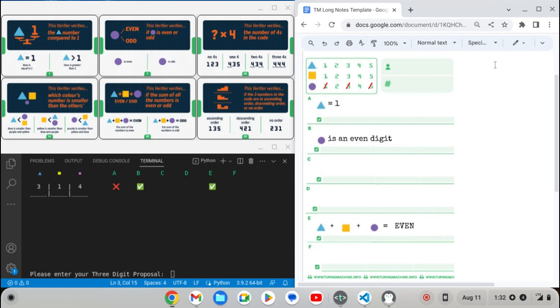Equal to 1. And so of course, if it's equal to 1, that means it can't be 2, 3, or 4. Okay, which means then, as I stated before, we need 2 odds. So square cannot be even, so it can't be 2 or 4.